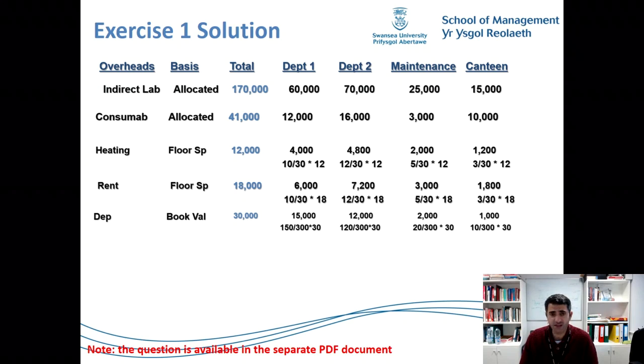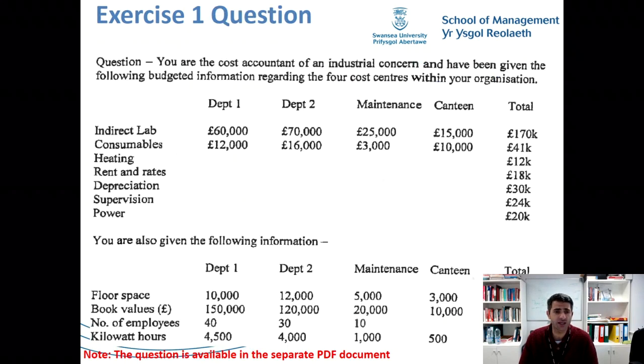The next overhead we have in the question is the supervision salary. The total salaries across the 4 departments is £24,000. Again, what do you think is the best basis you can pick from below?